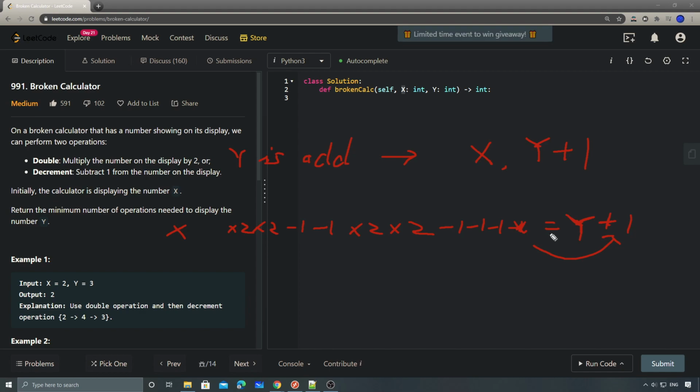And similarly, if y is even, we'll have x and y divided by 2.